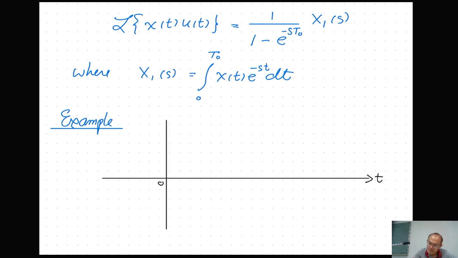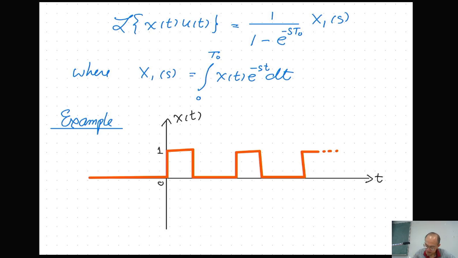This signal is a square wave, a rectangular pulse train. It goes on forever, but it starts at time 0. Let's suppose that the height is 1, and this is d, this is t0.